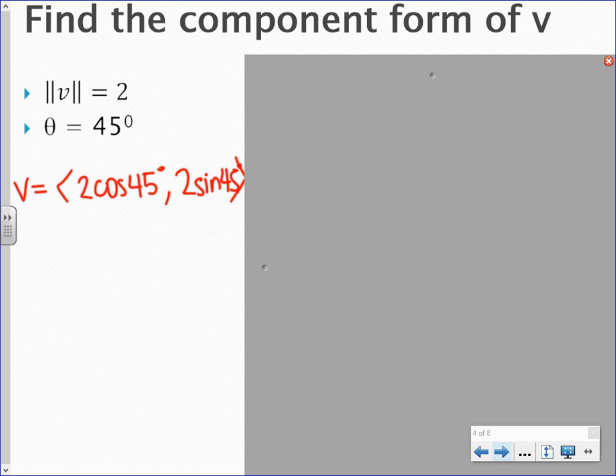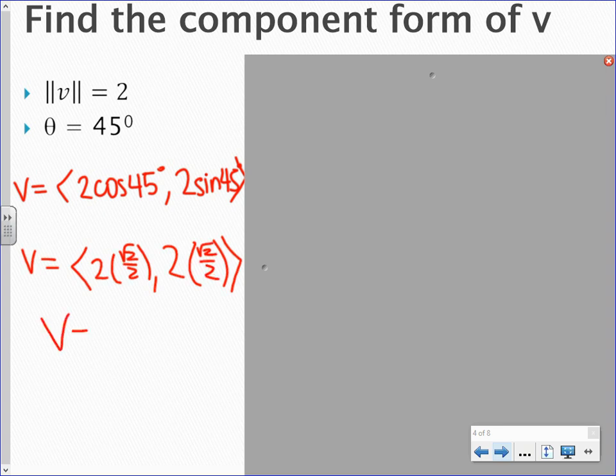Okay? This is something that we can get exact values for, right? The cosine of 45 degrees, everybody, what is it? Radical 2 over 2. The sine of 45 degrees, what is it? Radical 2 over 2. So vector v is radical 2, comma, radical 2.